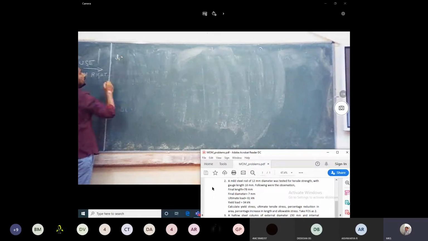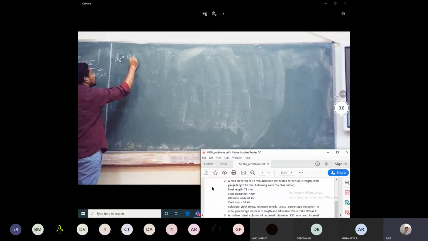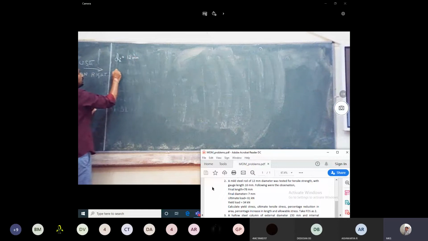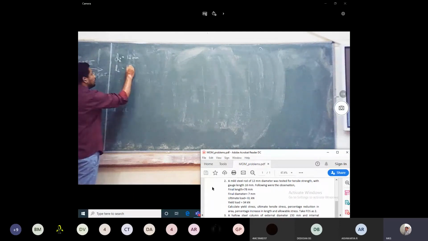Initial diameter di is 12 mm. Then initial length. You can take small l or capital L both. Initial gauge length we'll take as Li. How much? 16 mm.